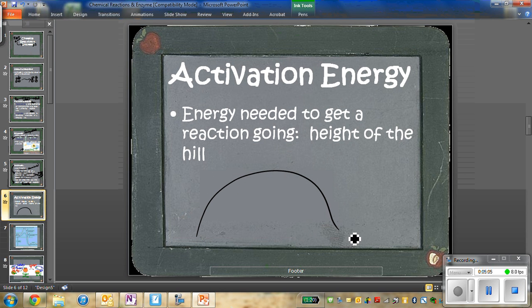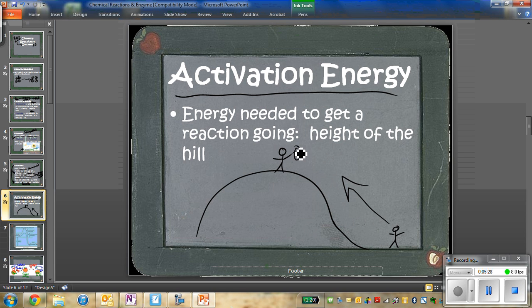You want to go sledding. In order to go sledding, you are standing at the bottom of the hill, and in order to get up there, you've got to input some energy. That's called the activation energy. So you march your way up the hill with sled in hand.